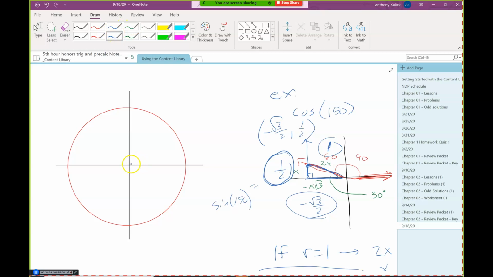Okay, so my first angle that we're going to look at, well, let's first label these points here. So this point on the right would be the point what?